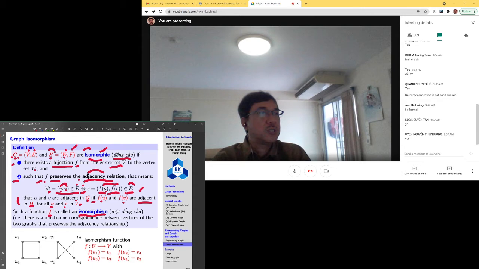Okay. So isomorphism can be written in a full sentence like this: G and H are isomorphic together if you can find a one-to-one correspondence, and one-to-one correspondence means bijection, between the vertices of the two graphs, and then that one preserves the adjacency relationship.